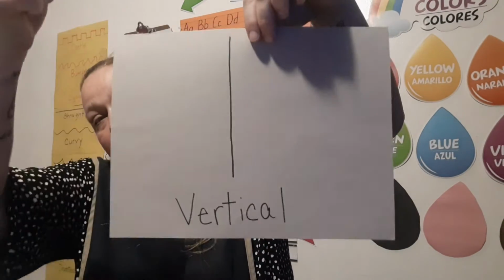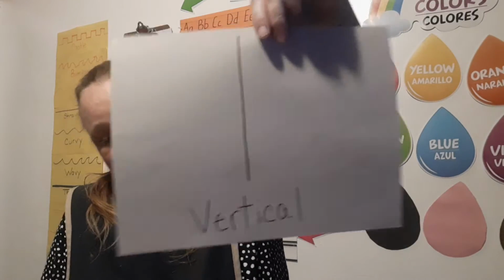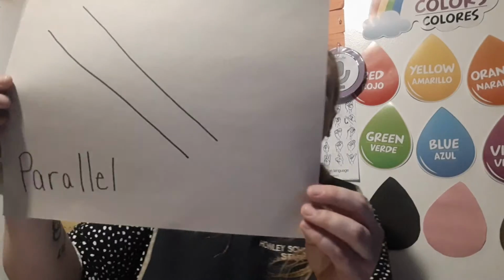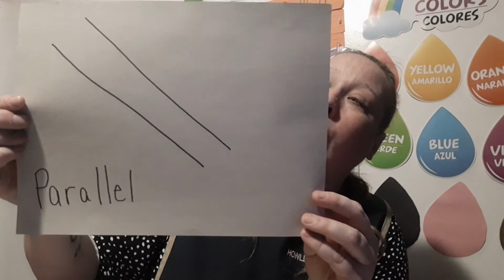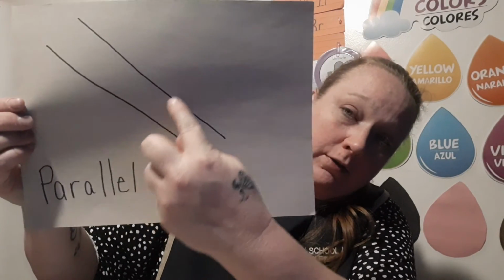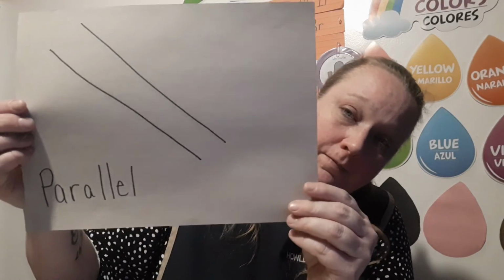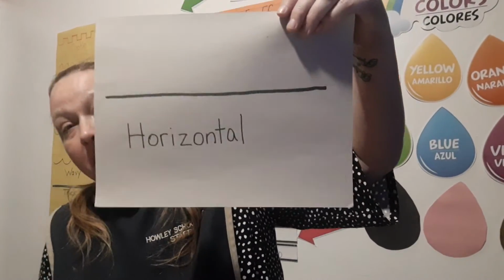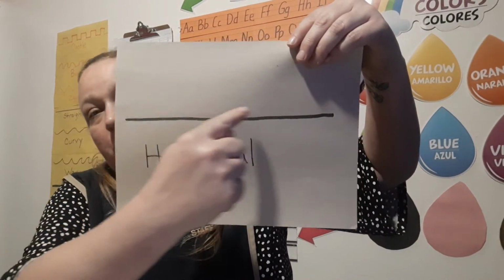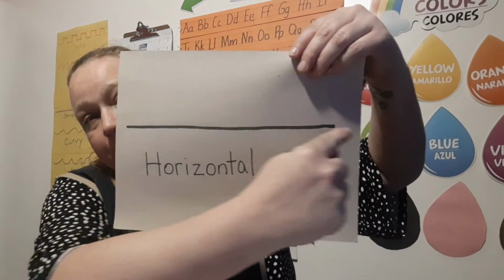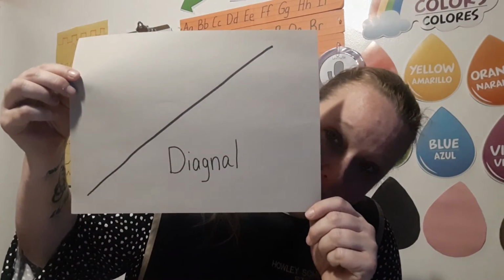We did a vertical line that goes straight up and down. We learned how to do parallel lines, and they're always the same distance apart. We've learned how to do a horizontal line, and that's just going straight across. And then we learned the diagonal line.